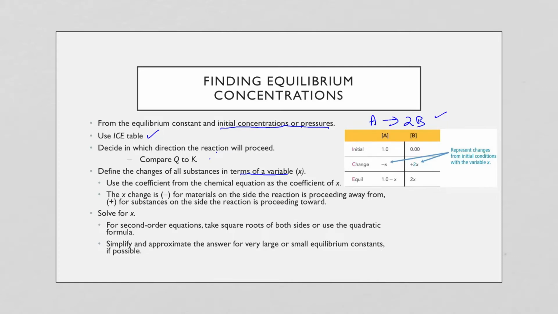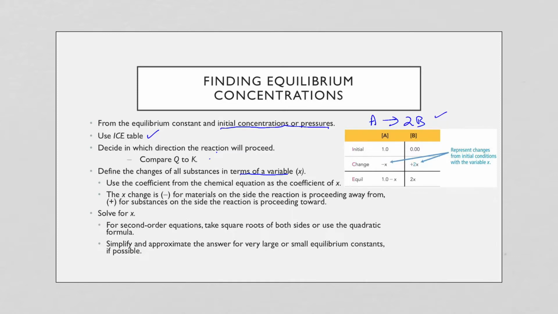So we can define the change in A, say, as x, and so we know it's going to go down by x. And we know for B, there's a 1 to 2 ratio here, so it's going to go up by 2x.